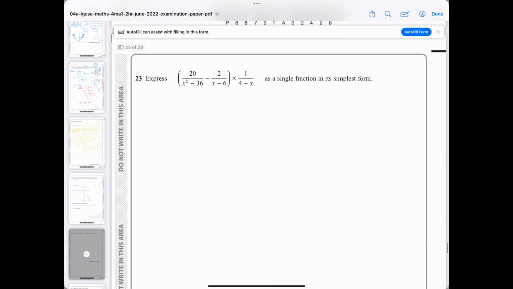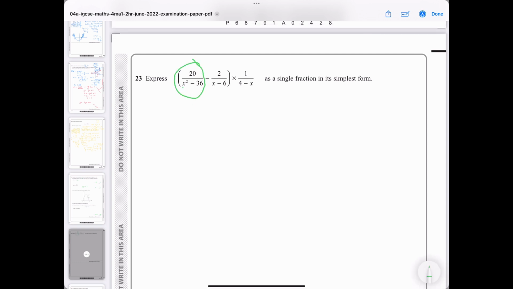So now we're going to do 23, and we're going to express this as a single fraction in its simplest form. Okay, so the first thing I'm going to do is take this bit here, and I've noticed x squared minus 36. And I've noticed that x squared minus 36 can be factorised, it's the difference of two squares.